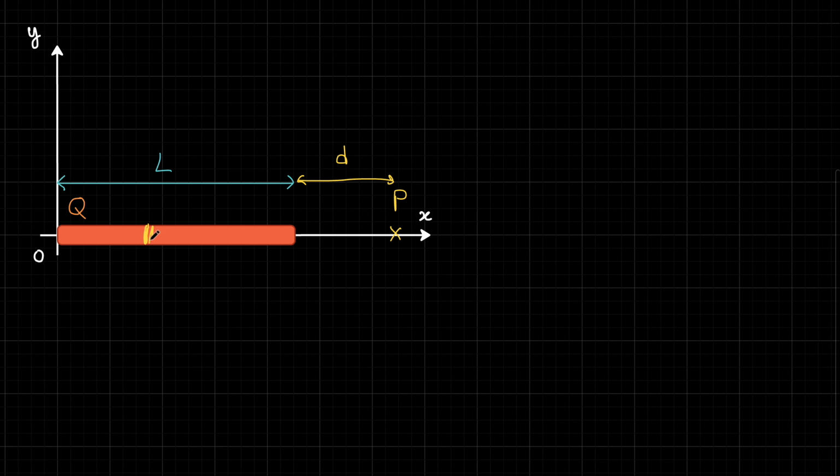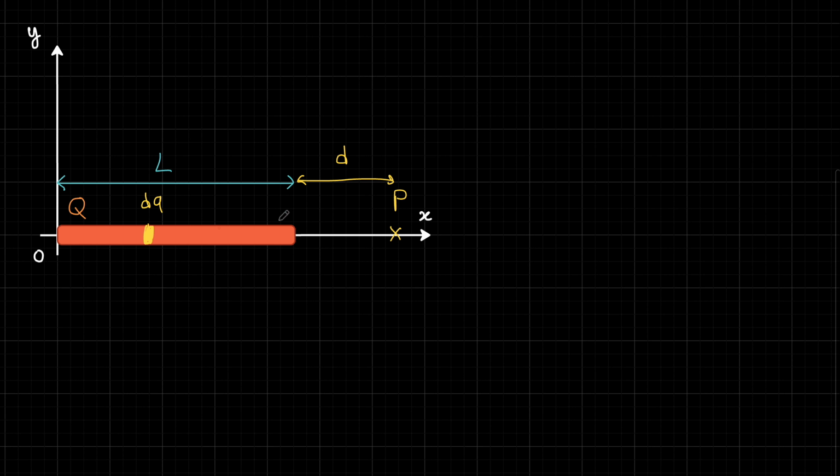Now imagine dividing the line of charge into small pieces such that each small piece will act like a charged particle. For instance, here's such a piece, and I'm going to call this one dq. It has charge dq. It's at a certain distance from point P on the x-axis. It's going to create an electric field at point P, pointing away from itself because the charge here is positive. So dq is a point charge creating an electric field at point P away from itself.